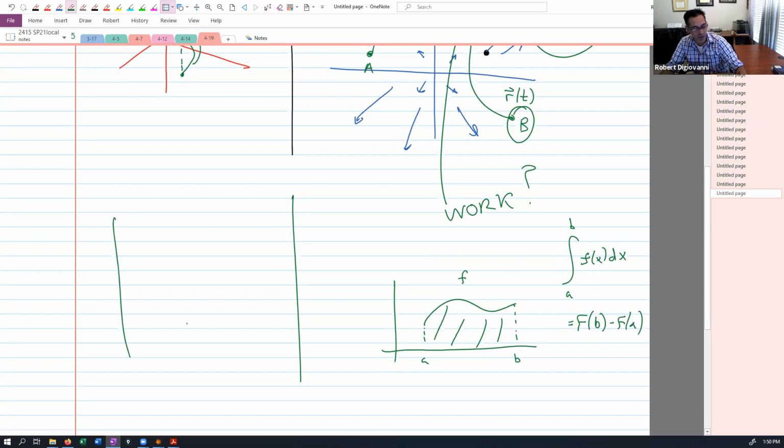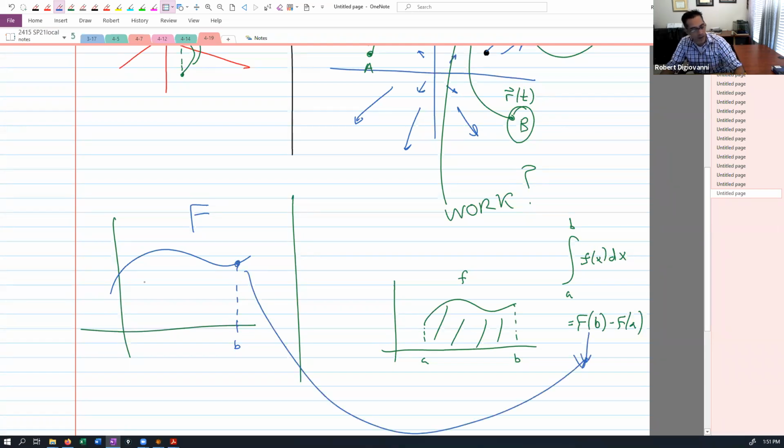Which means that if you can graph the antiderivative over here, where little f is the function, all you have to do is go to the endpoint b, plug it in, and that'll give you that number. And then go to a, plug that into the antiderivative, take that number, subtract the two, and you've got the area underneath.